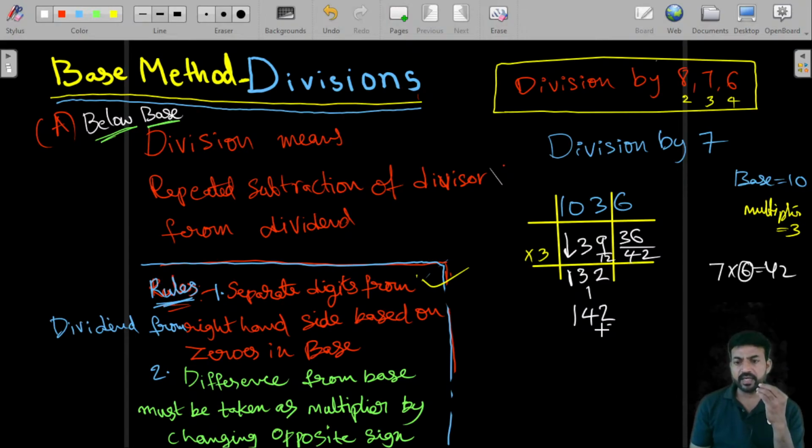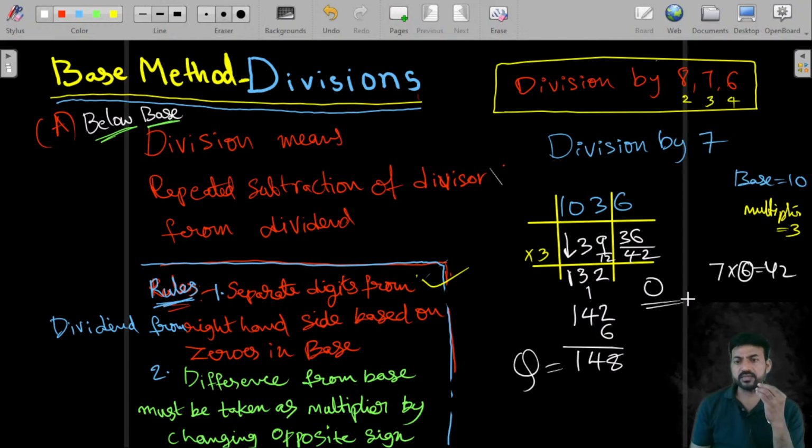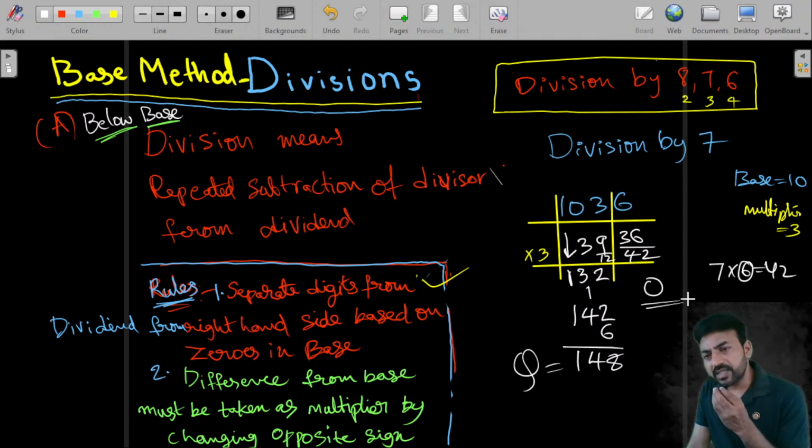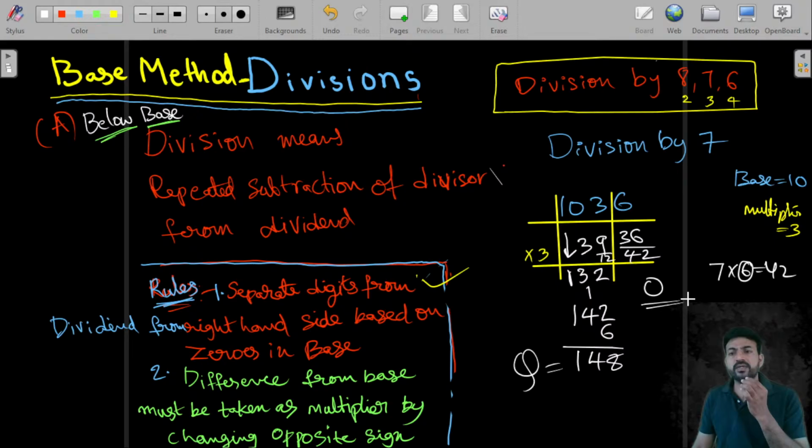So 6 has to be added here. Answer is 148. I mean quotient is 148, remainder is 0. That's it. So like this you have to do division by 7.